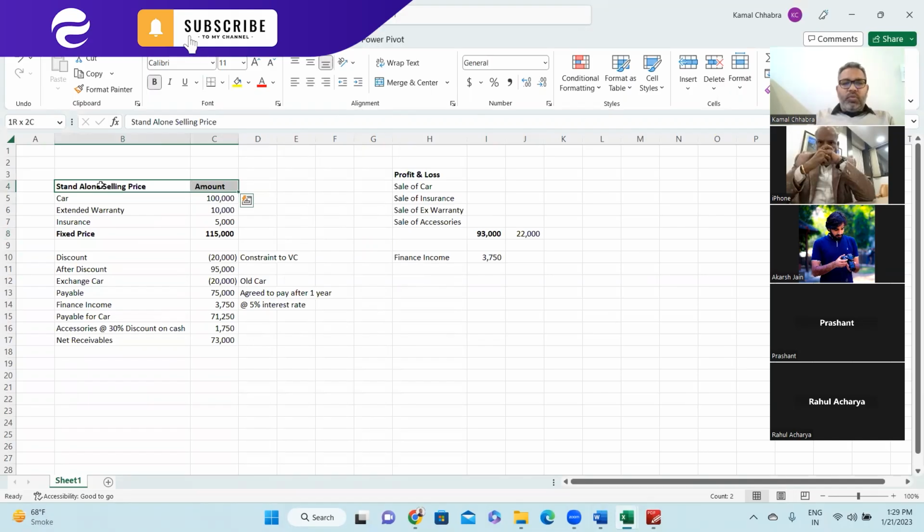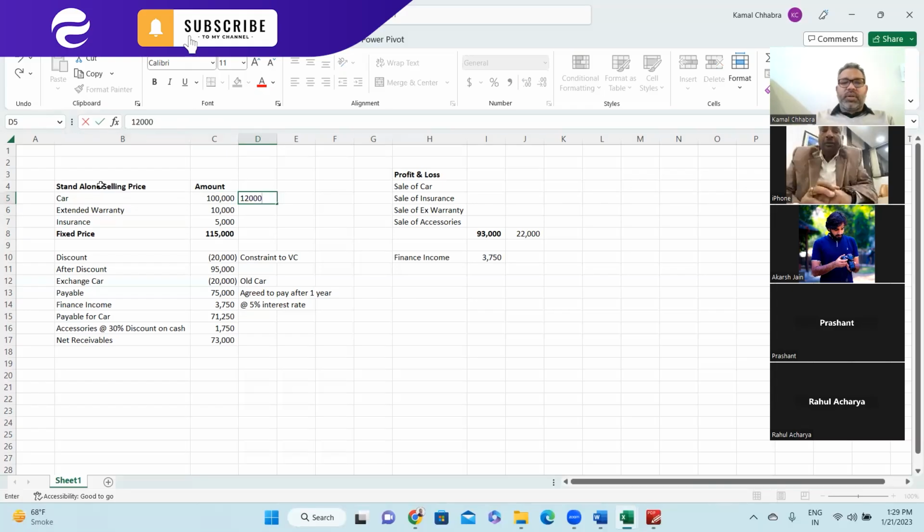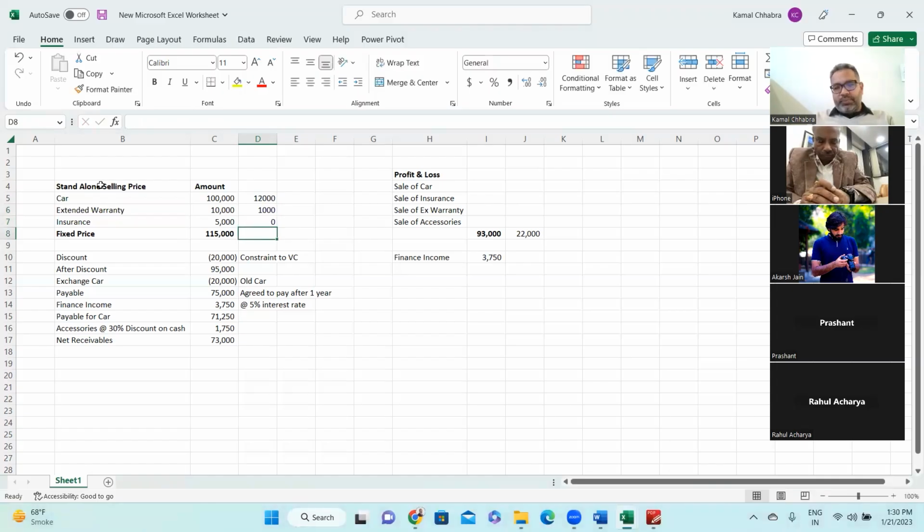Let's assume somebody does not buy extended warranty or insurance, and buys only the car. Normally when somebody buys only the car, you give $12,000 discount to them. If somebody buys extended warranty, you give 10% discount, $1,000. If somebody buys insurance, you give no discount.